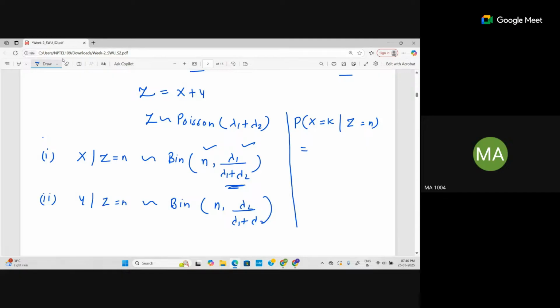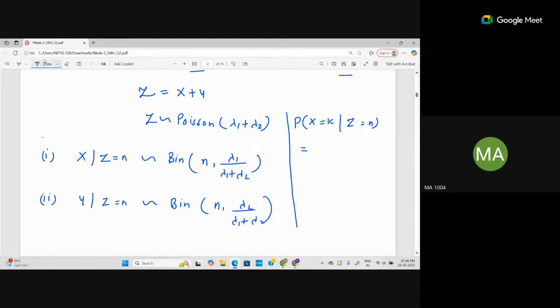Now x given z will be following binomial with parameters n comma lambda 1 divided by lambda 1 plus lambda 2. And y given z will have lambda 2 in the numerator and lambda 1 plus lambda 2 in the denominator. In this way you have to find the probability of success in this type of question.